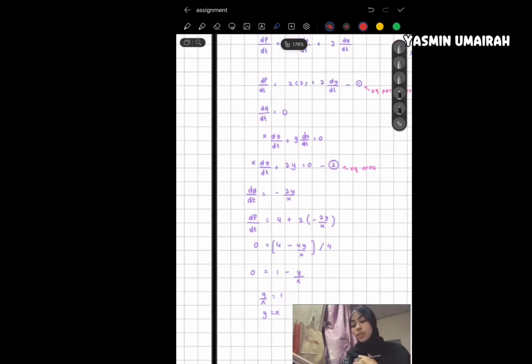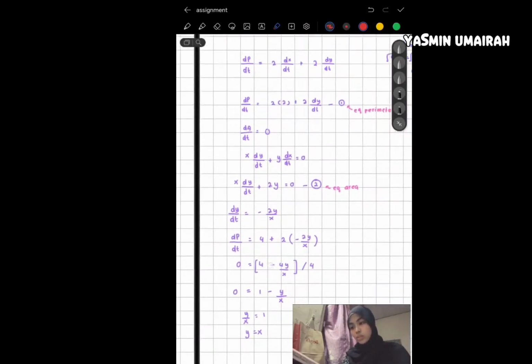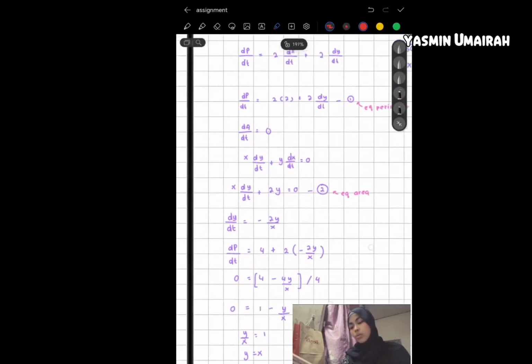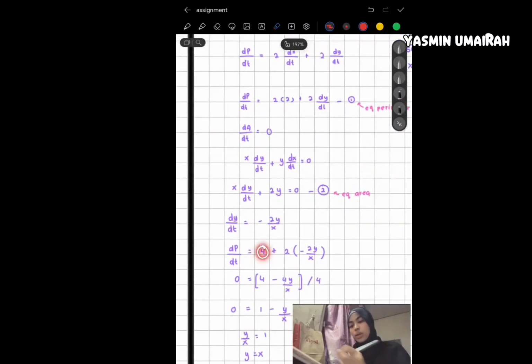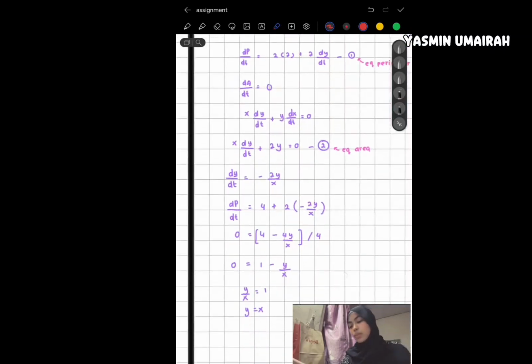So from the perimeter equation, our first equation, we already multiply by this y. 2 times 2 is 4, and 2 is from here, and this one we just substitute dy/dt into the first equation.